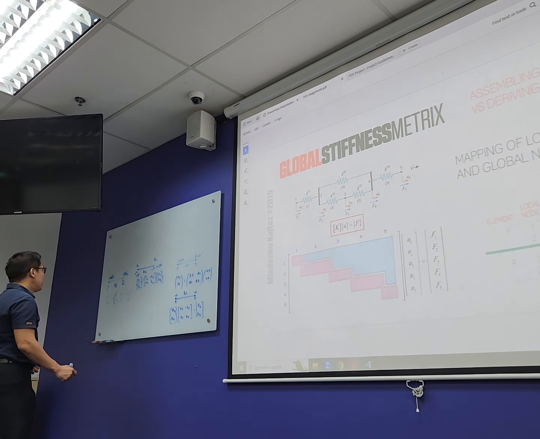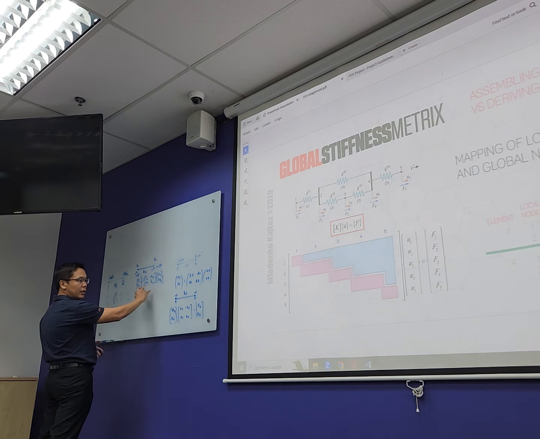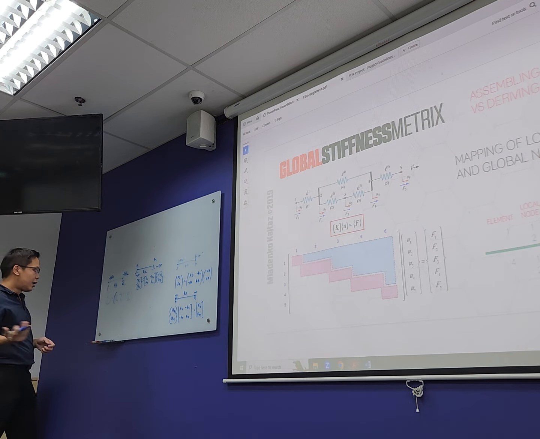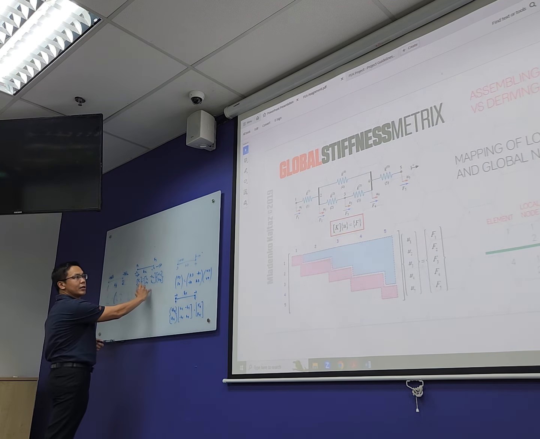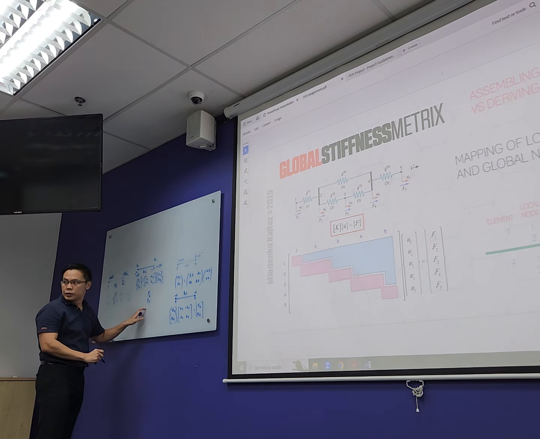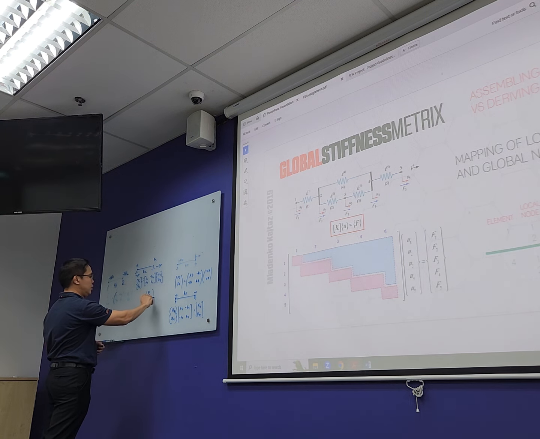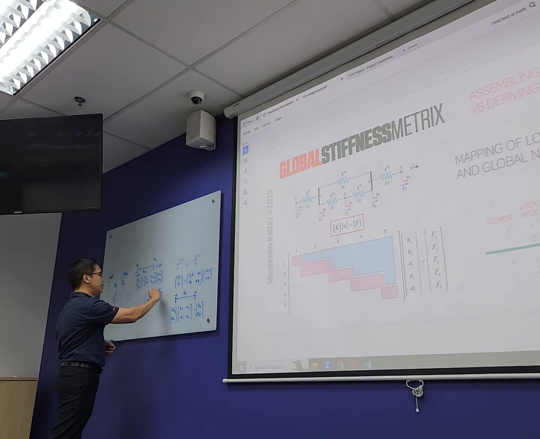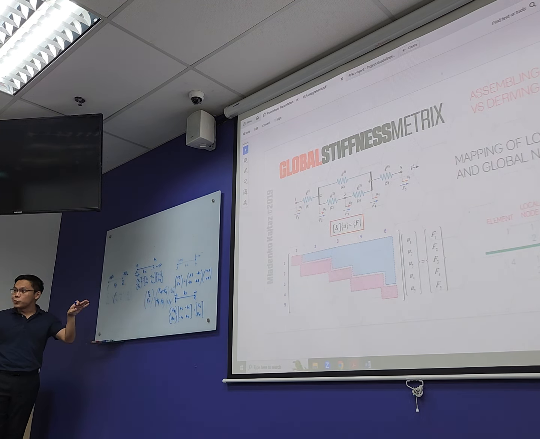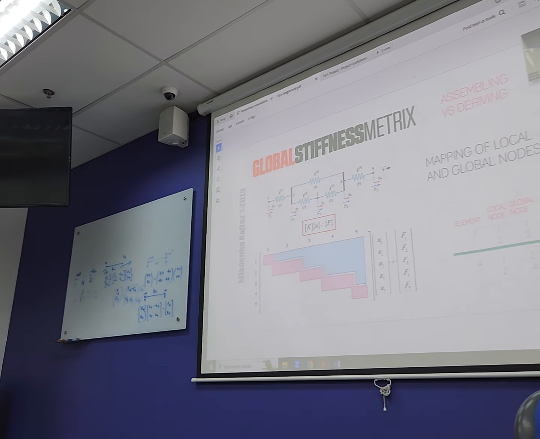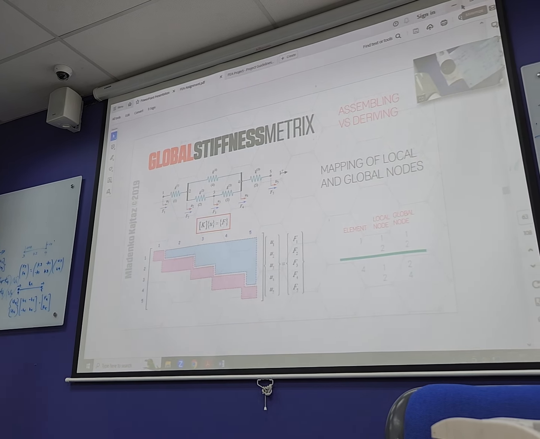So element 4 will be F1, F2, F4, K4, negative K4, negative K4, K4, U2, U4, very good. See? Everybody gets it now. So long as you start to get familiar with it, it's actually very simple. Alright? Very good.